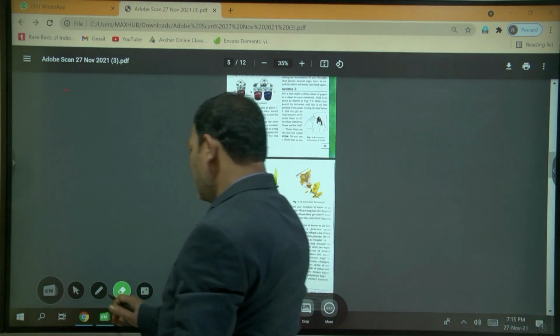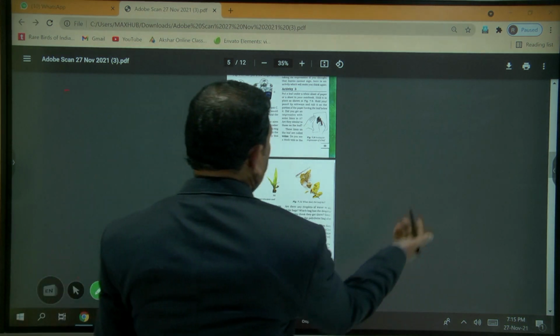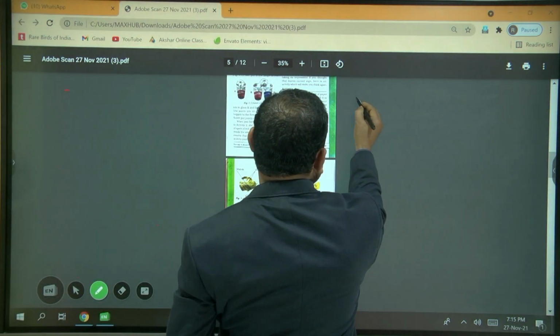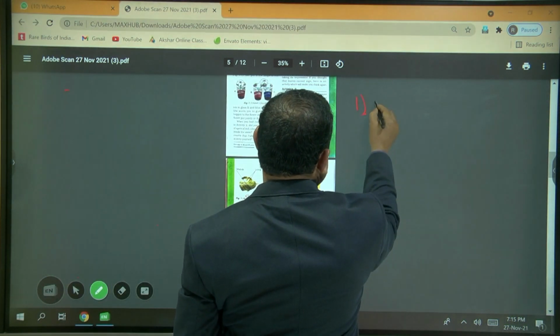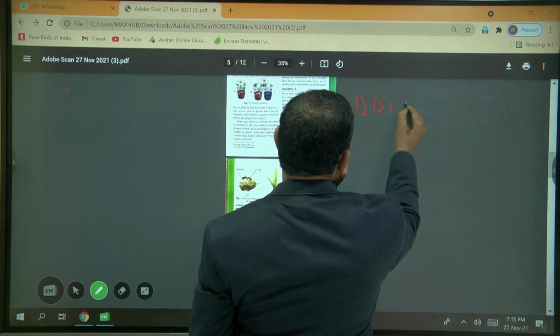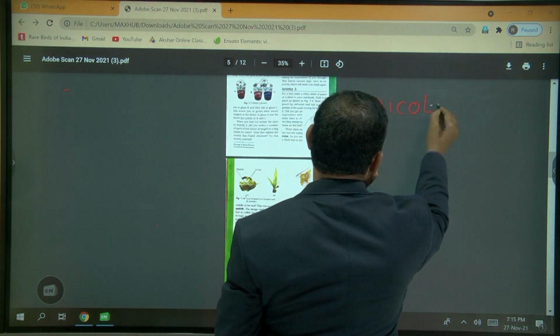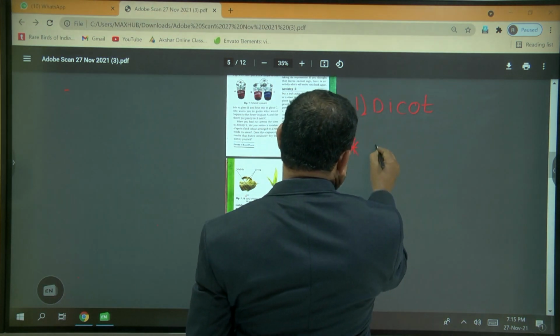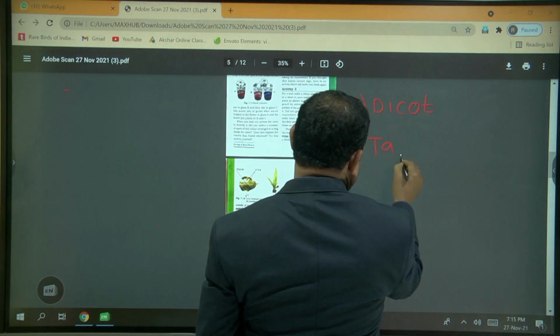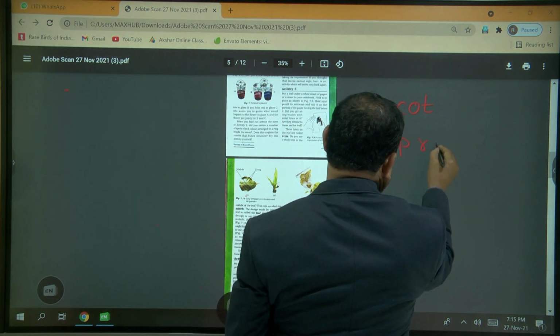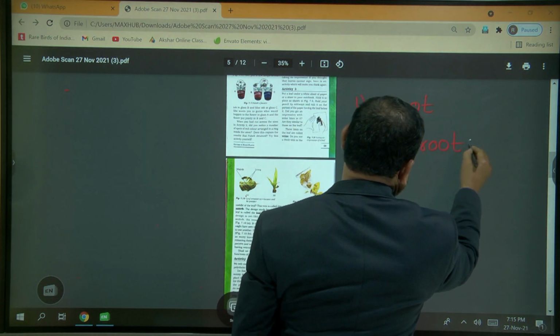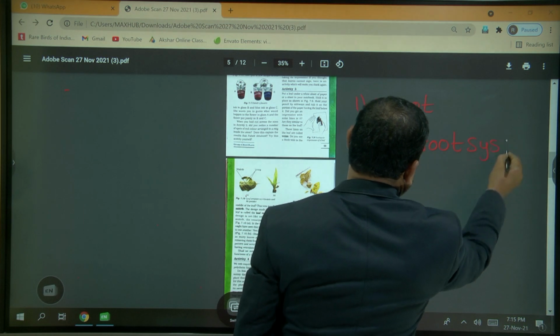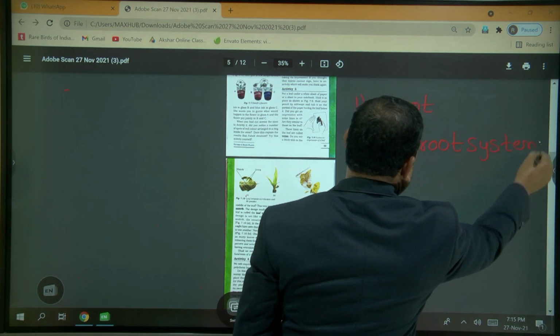Here my point is, dicots show the taproot system.